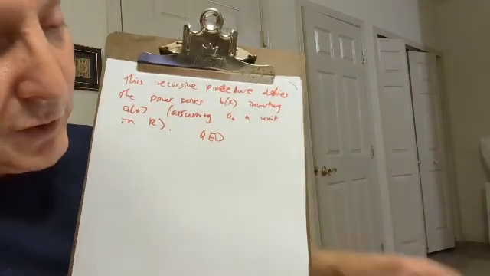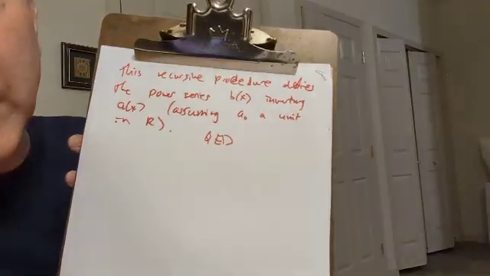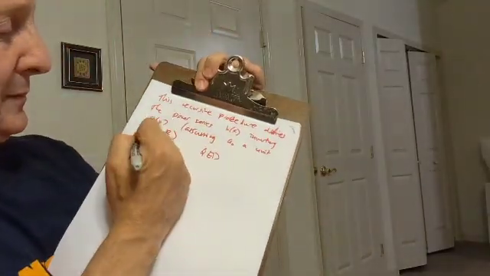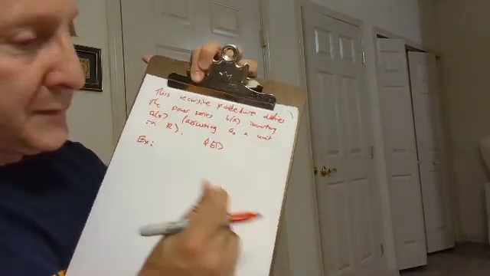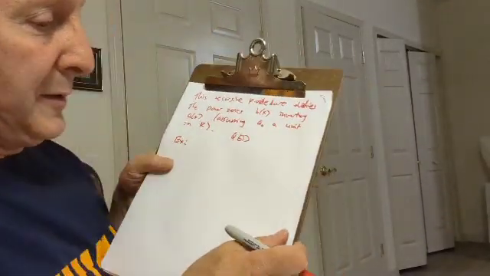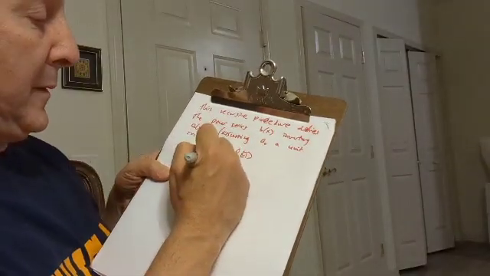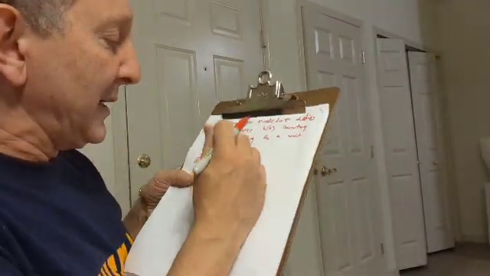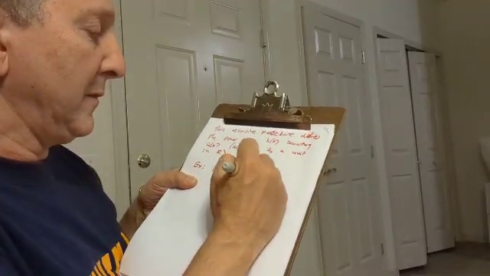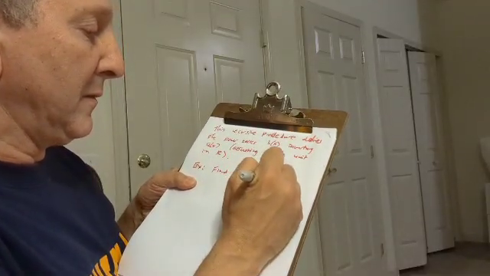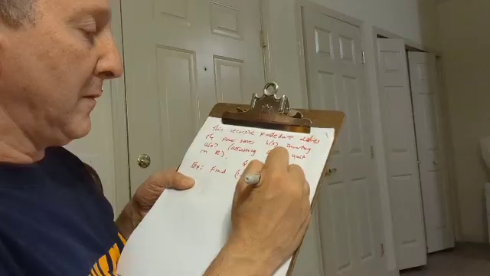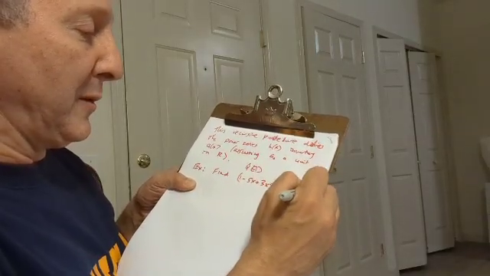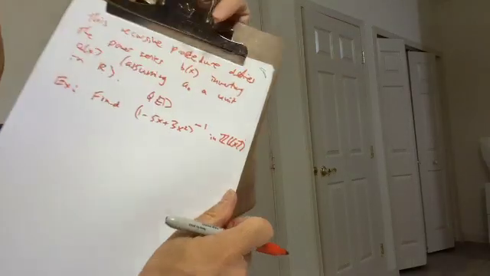So let's try an example. Of course, any example here is sort of infinitely long, but let's start doing an example. Let's invert 1 minus 5x plus 3x squared in the ring of power series with integer coefficients.